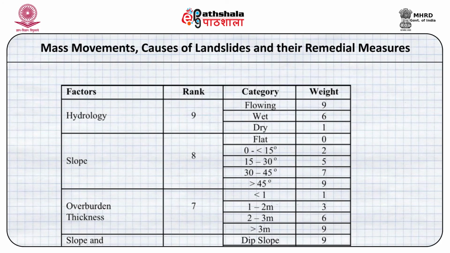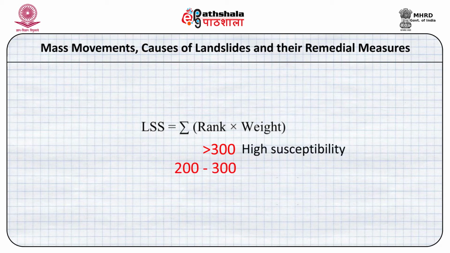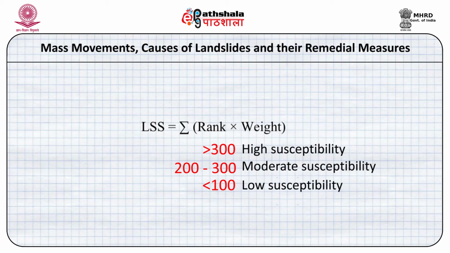So if we multiply the rank with the category weight, we get a value for all these 9 factors, and ultimately, if the result is more than 300, the susceptibility is very high. If it is 200 to 300, the susceptibility is moderate, and if it is less than 200, then the susceptibility of the slope for landsliding is low.